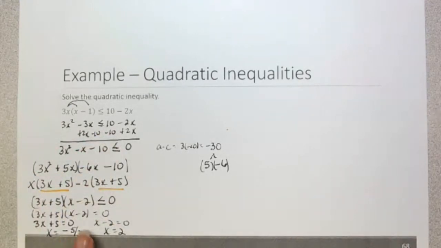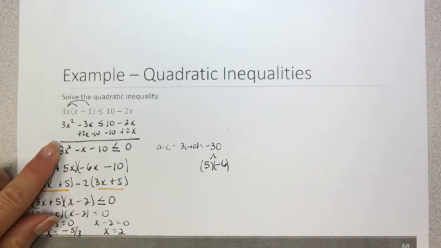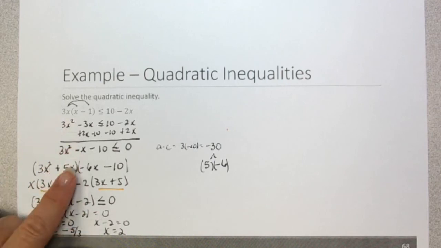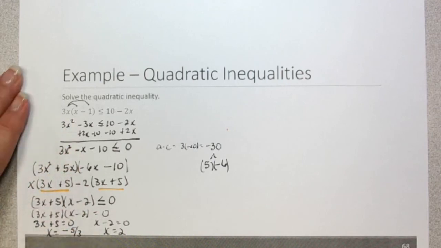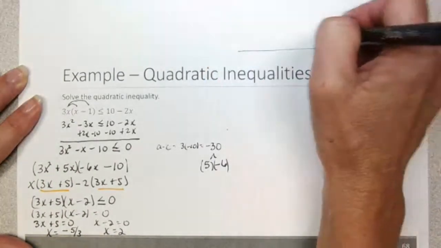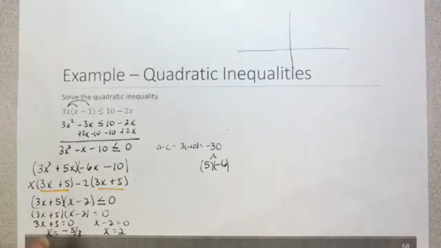What did we just find here? We just found the x-intercepts, or the horizontal intercepts, for this parabola if we were to graph that quadratic function. So if I were to graph it, it would look something like this. Here's our x-axis, our y-axis.